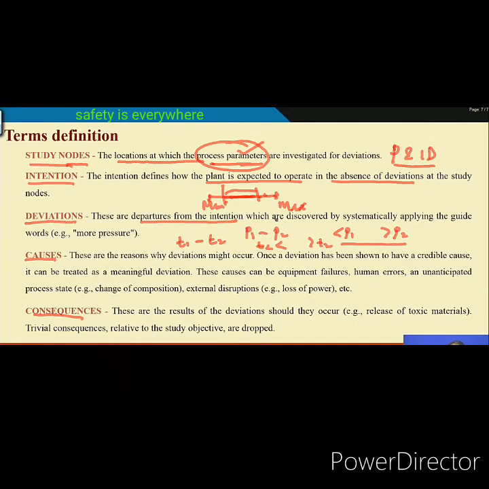Then if there is a deviation, for example overpressure, what you require is to find out the causes of the overpressure. That means you have to find out the factors responsible for that deviation.